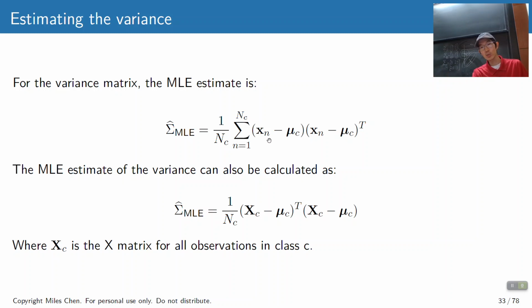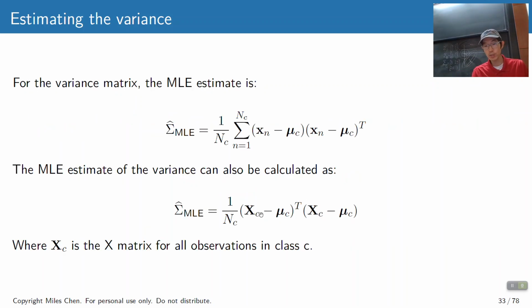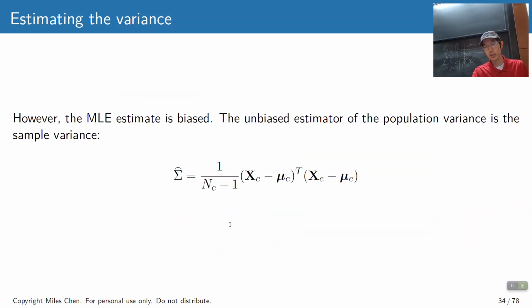But in our case, we're going to do x minus x bar, x minus x bar transpose, and we're going to get this 2 by 2 matrix. And this would be kind of our MLE. However, if you use this, we're going to get biased values. And so we have to divide by n minus 1, right?